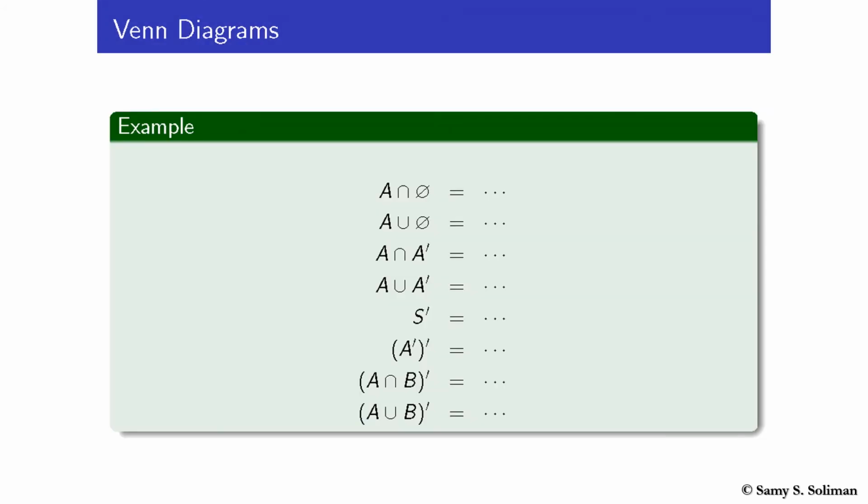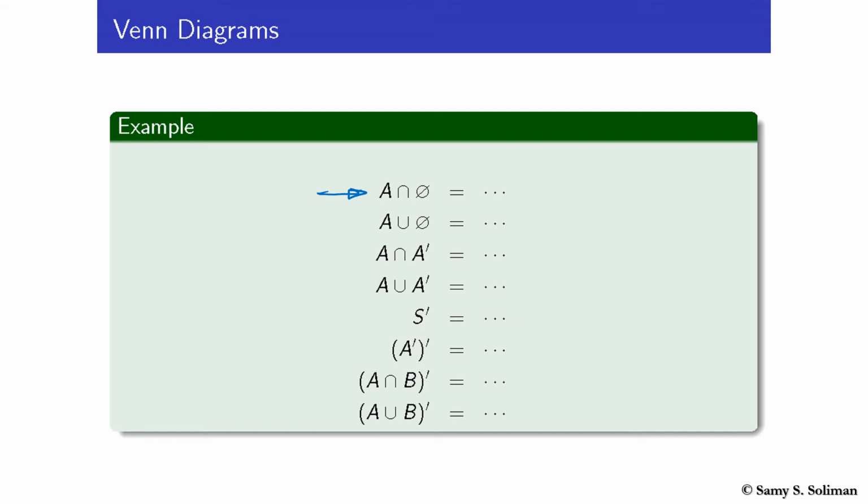Using Venn diagrams can also be useful in finding many of the useful relations between sets, such as, for example, the intersection between any event A and phi. Again, the intersection was the set of elements which exist in both sets together.